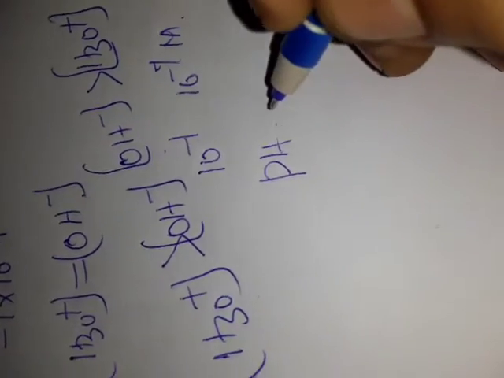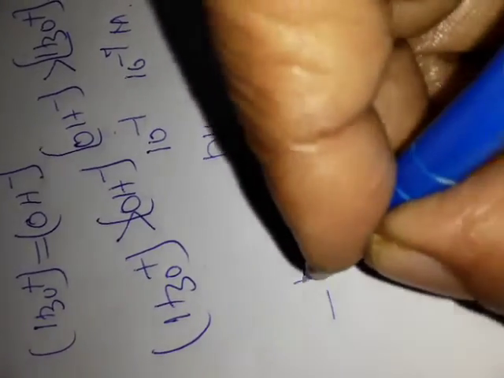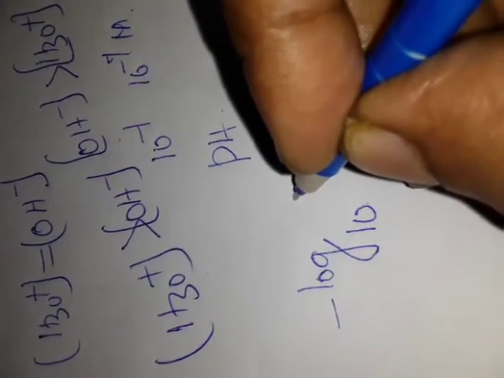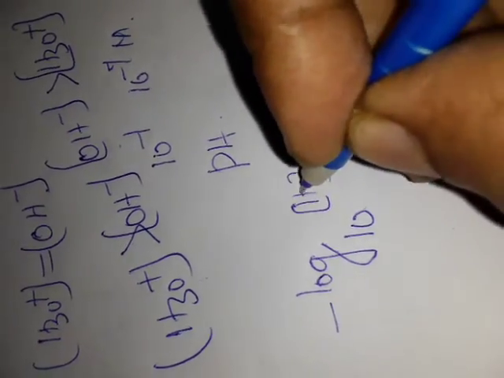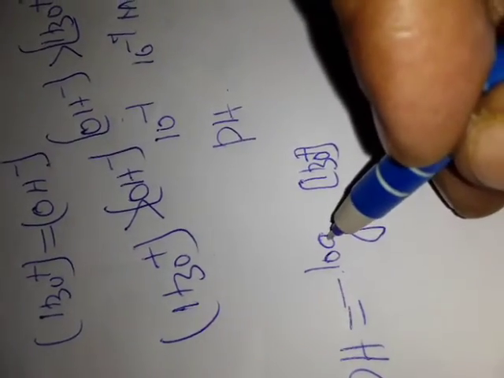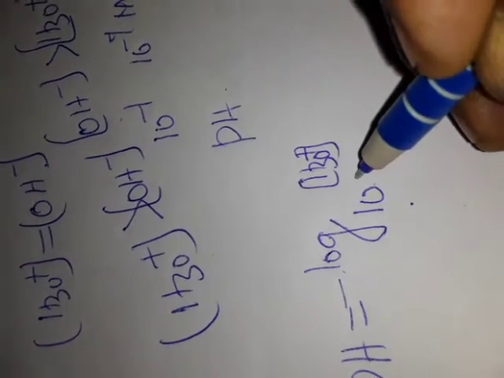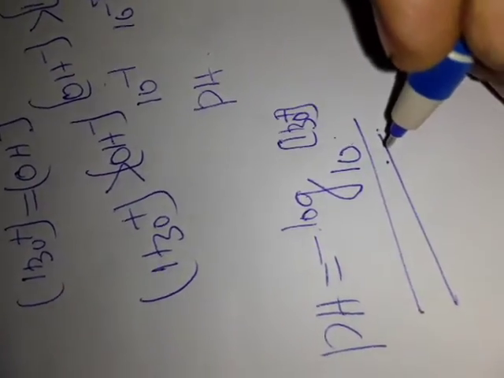What is meant by pH? pH is defined as the negative logarithm to the base 10 of the molar concentration of hydronium ions present in the solution. This is called pH.